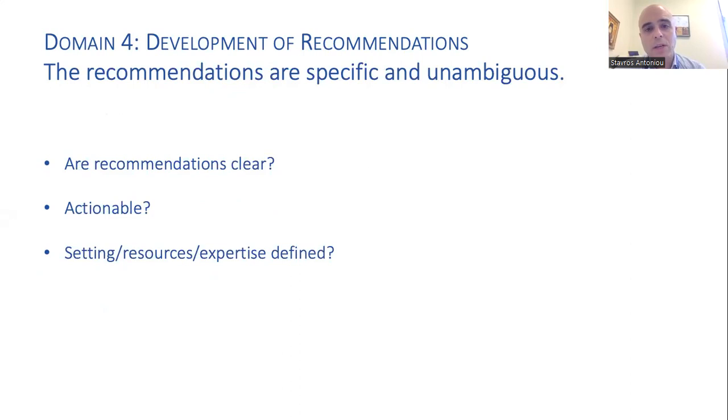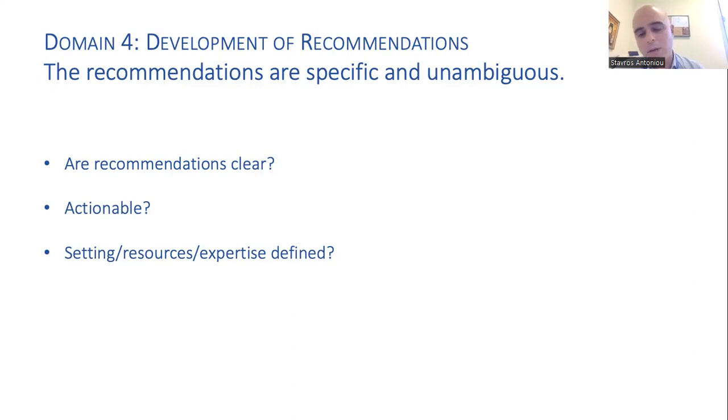The recommendations are specific and unambiguous. Are the recommendations clear? Are they actionable? And were the setting, resources, and expertise defined? This is specifically important because recommendations which use a complex language and may not be directly actionable cannot be actively used by target users.